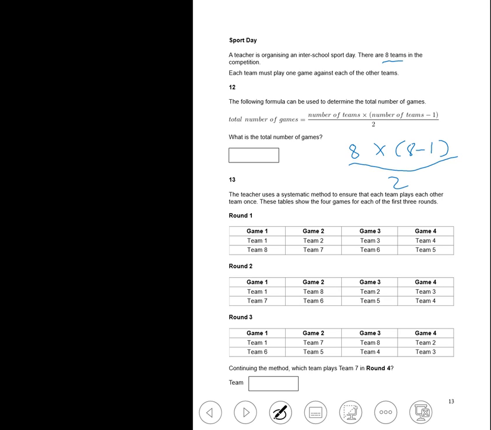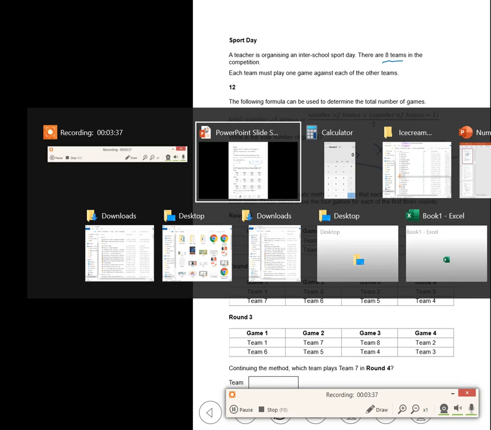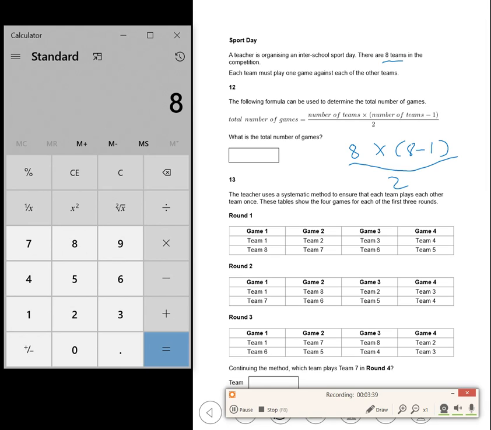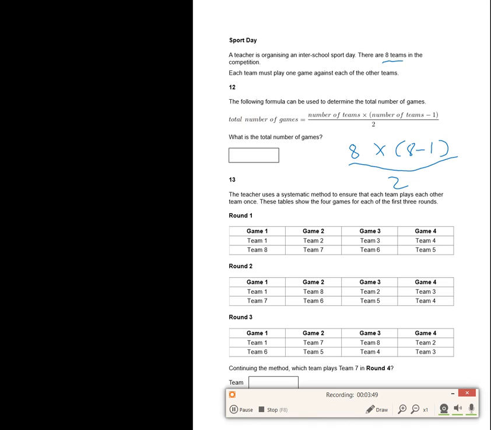And you need to divide that by 2. Sorry about my very squiggly line there. And then that can just go in a calculator if you're unsure how to do that. So 8 times 7 equals 56, and then divide that by 2 equals 28. So there's our answer, 28.